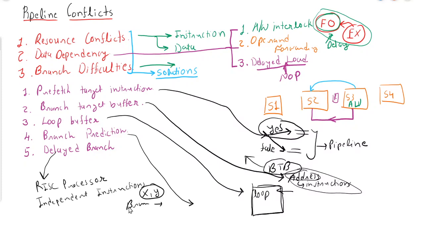But after the branch instruction in the main program, there are 3 or 4 instructions which are not dependent on x and y. In that case, these 3 or 4 instructions will be placed before the branch, and the branch will be delayed. So there will be effective utilization of the pipeline. We rearrange the instructions in such a way that delaying the branch will not cause any problem.